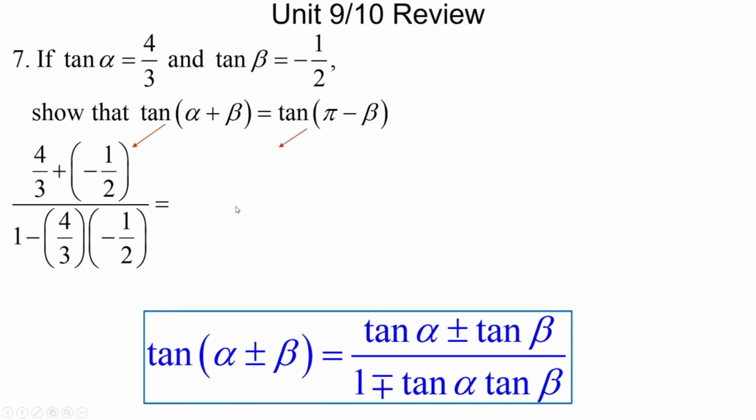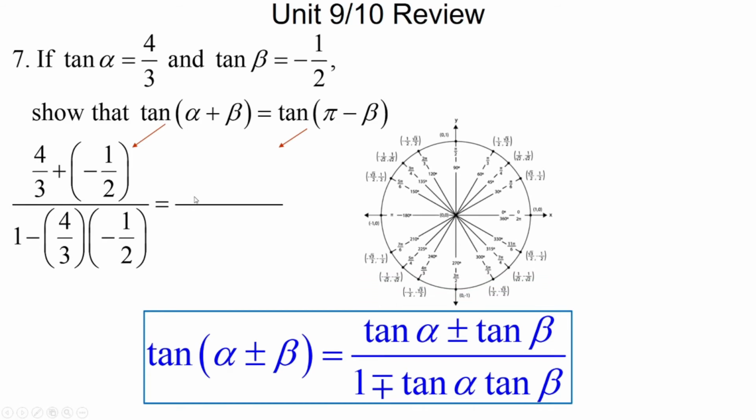Okay, so same thing. Let's use tangent of alpha minus beta. So I'm going to go tangent of pi. Oh, it looks like I'm going to substitute right away too. So here's pi right here. Oh, I see, because tangent is sine over cosine, and sine of pi is 0, so tangent of pi is just 0.